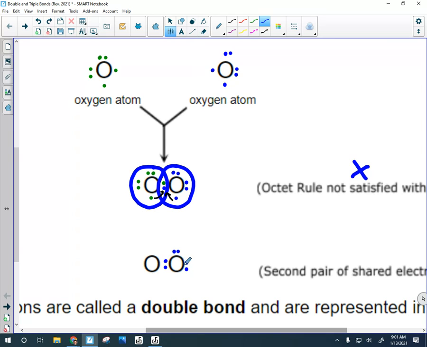It still has 6, but I'm thinking about sharing 2 of them instead of just 1. On the other side, I've done the same thing. So I've got non-bonding pair, non-bonding pair, and I have 2 electrons here that are going to be able to bond.